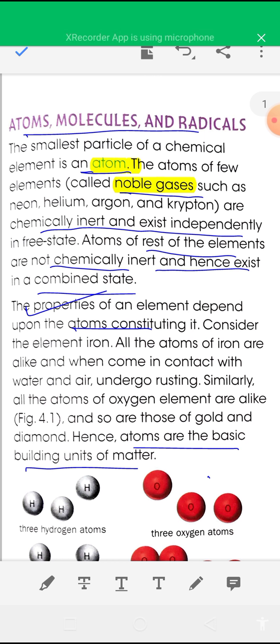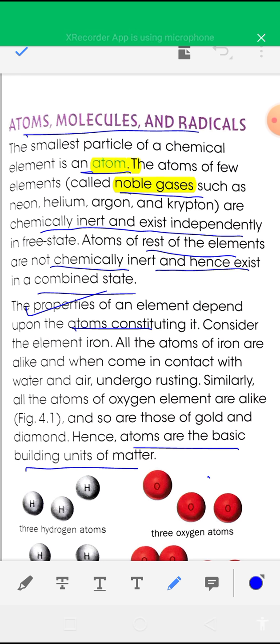Atom is the smallest particle of an element. You have already studied this in class 6. Atoms of a few elements are chemically inert and exist independently in the free state, and these elements are known as noble gases.